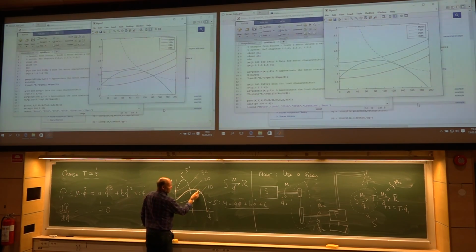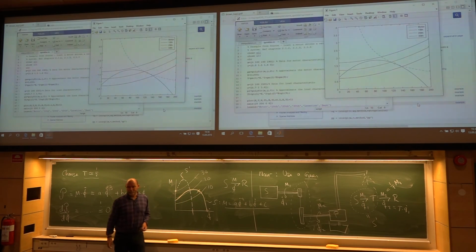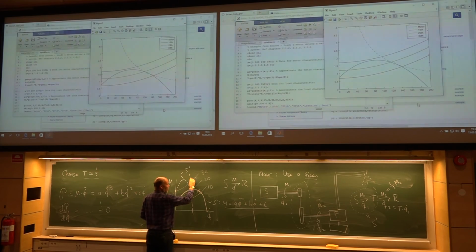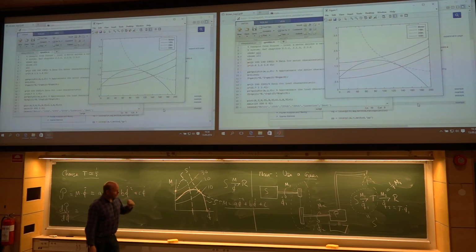When you have the maximum power, you can produce this constant power curve. It went something like this, and well, actually not like that.